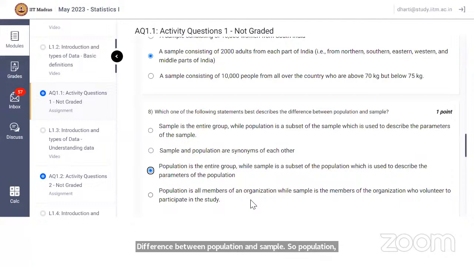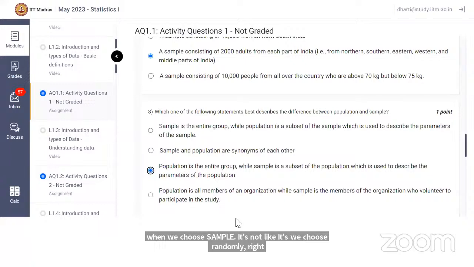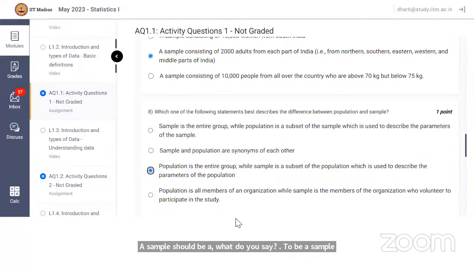Population is all members of an organization, while sample is the members of the organization who volunteer to participate in the study. See, when we choose a sample, we don't choose it voluntarily, right? The first rule to be a sample is that it should be a subset of the population, and second, it should be selected randomly, not voluntarily.